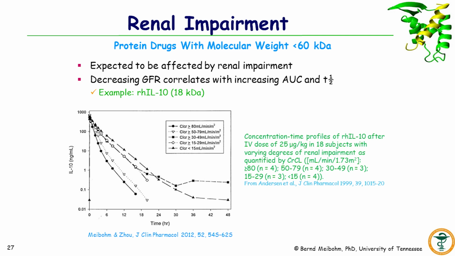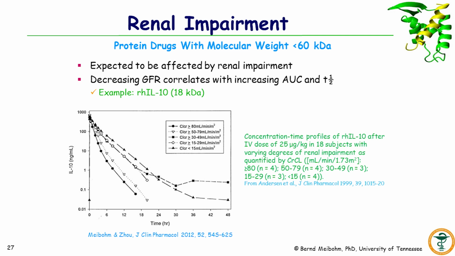There are examples out there that show this very nicely. One is shown here: recombinant human interleukin 10, which with a molecular weight of 18 kilodalton is below the cutoff and is filtered.